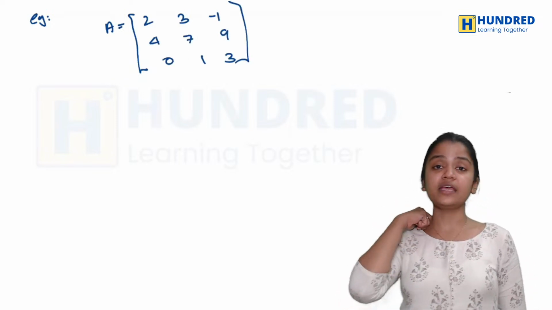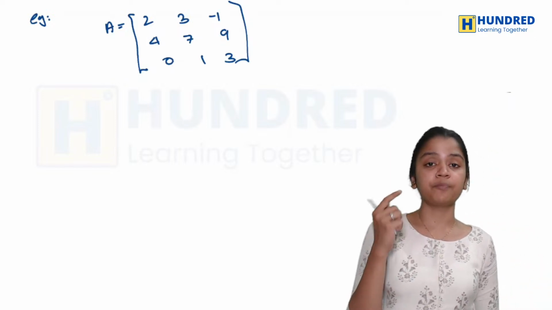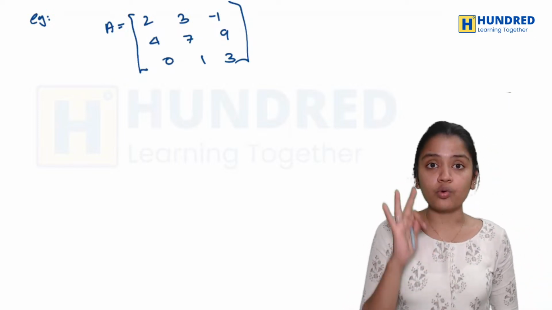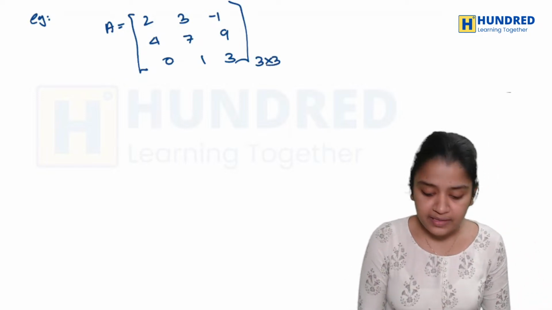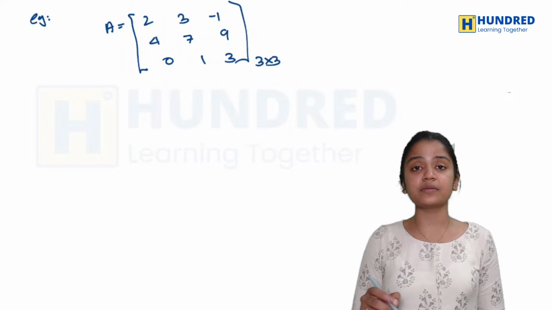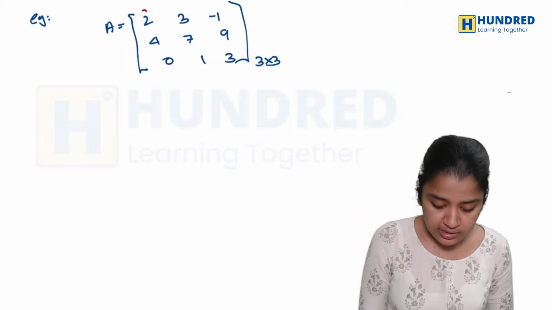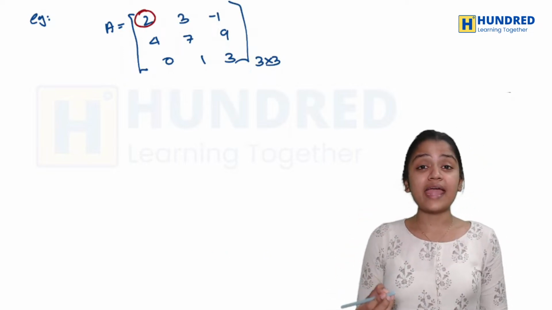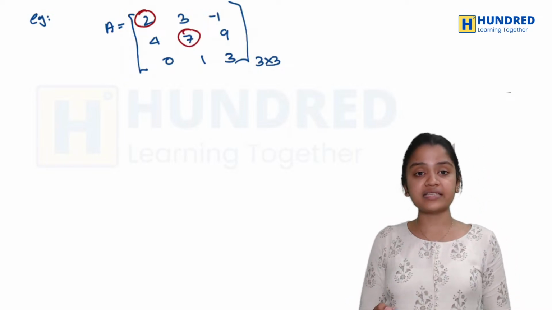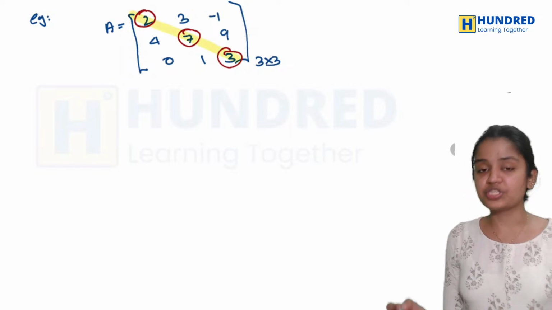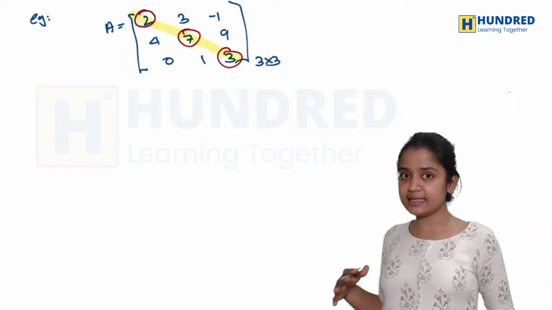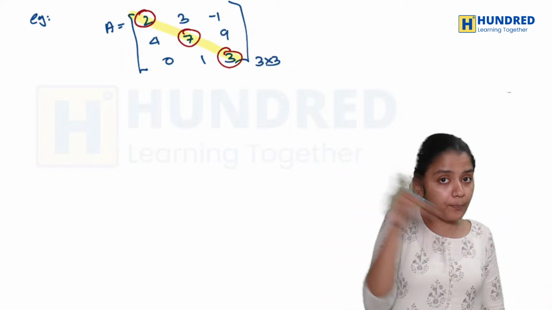Now can you tell me how many rows and how many columns are there? There are 3 rows and 3 columns. So what are the diagonal elements? Basically my diagonal elements are A11, A22, A33. The elements which are in the diagonal, exactly the diagonal, not the opposite diagonal.